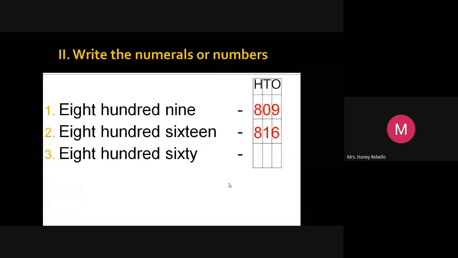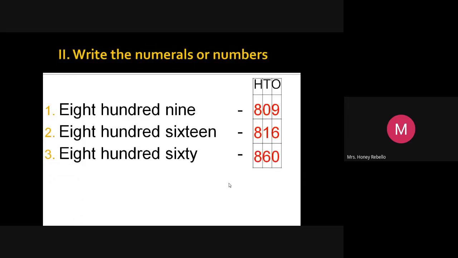Now you must be knowing the difference between 16 and 60. Hundreds place you have 8. Tens place and ones place together you have 60. Now just write 860. Now see the difference.